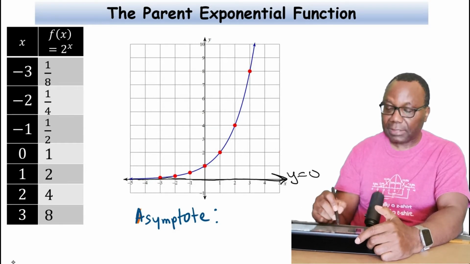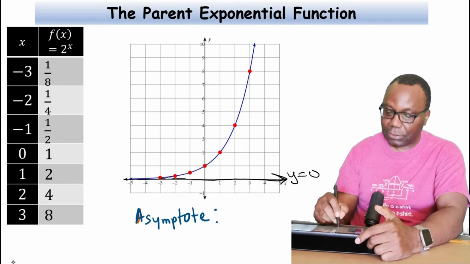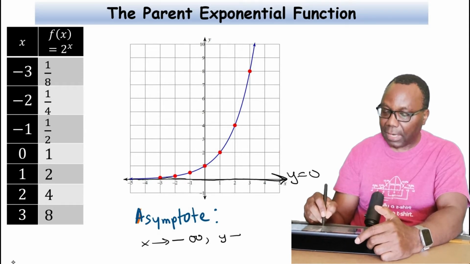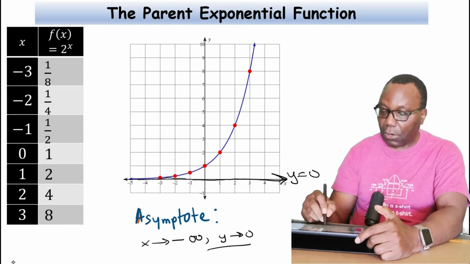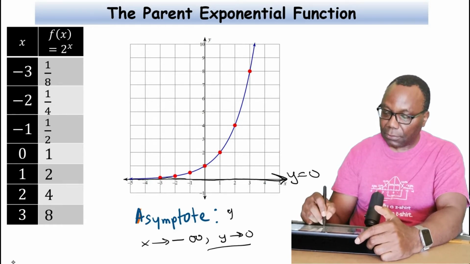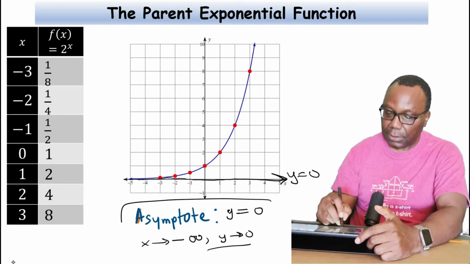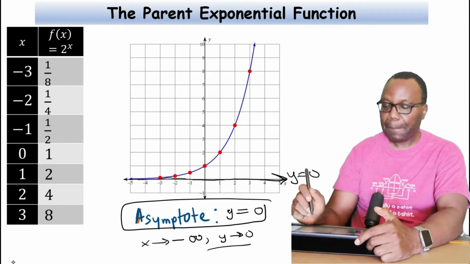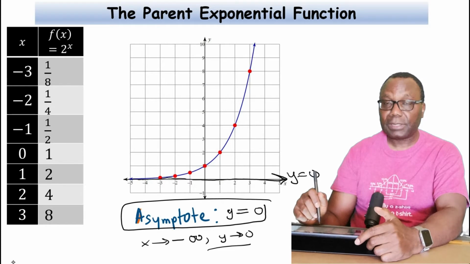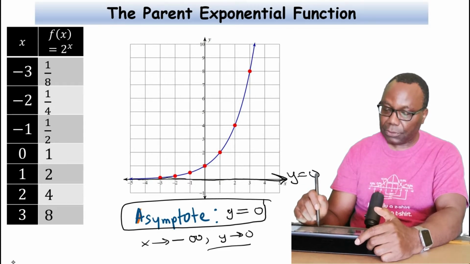As x approaches negative infinity, y is approaching 0. This is called the asymptote. y equals 0 is the asymptote for the parent function. We're going to need the asymptote concept to help us graph today, so pay attention to the asymptote.